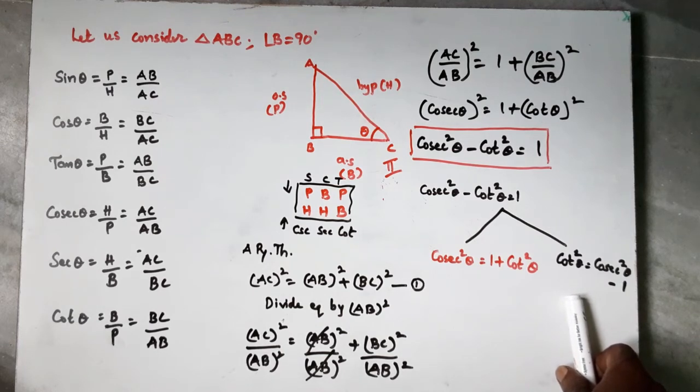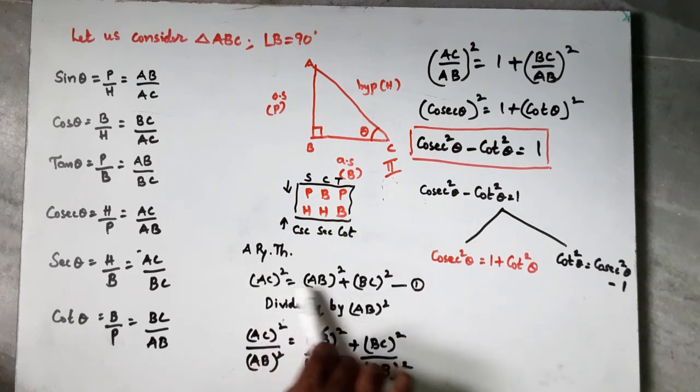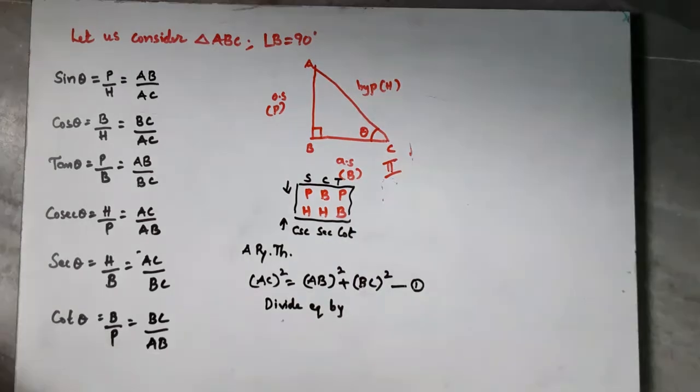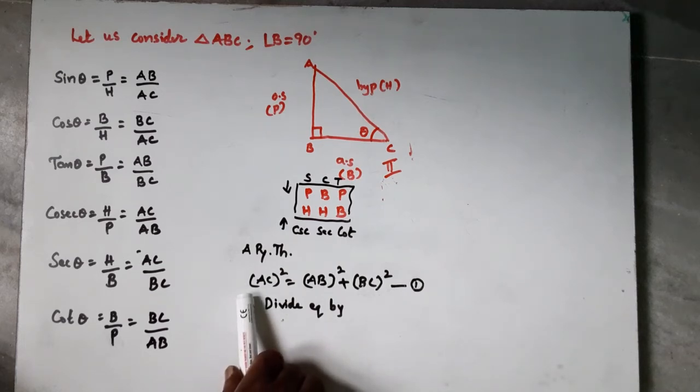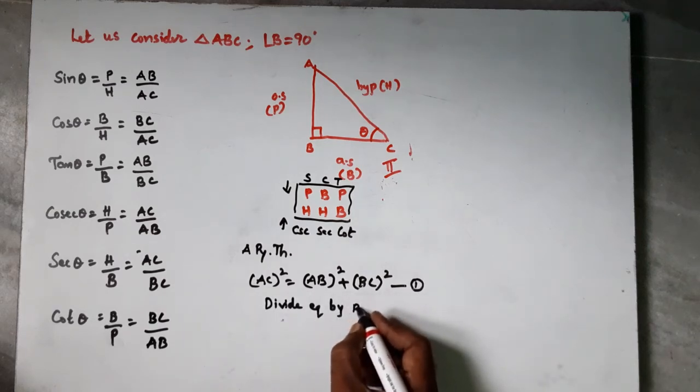Okay children, now let us move to the third trigonometric identity using the same Pythagoras theorem. To get the third identity, let us see here now. We divide throughout the equation by BC square.